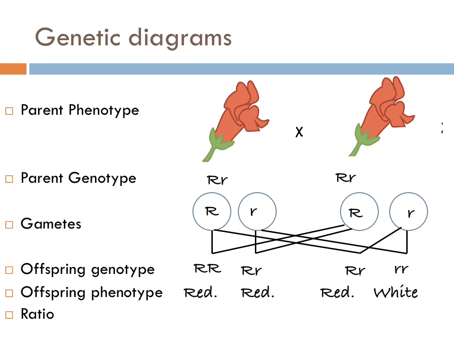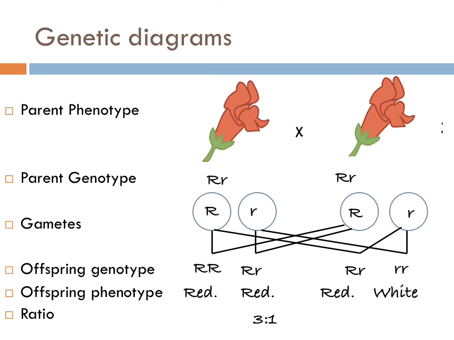How did red flowers give offspring to white flowers? That's because we have this situation where they are both heterozygous flowers. Okay, heterozygous meaning they have two different alleles.